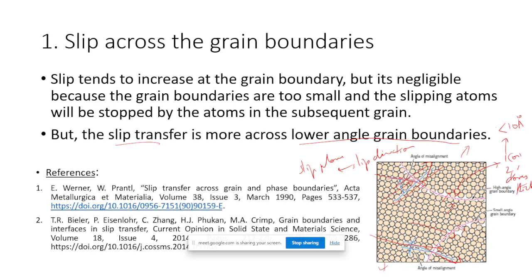But at the boundary, it's actually very limited space.